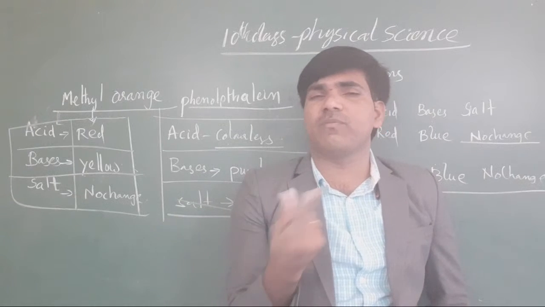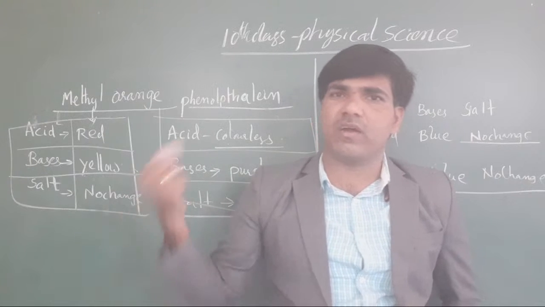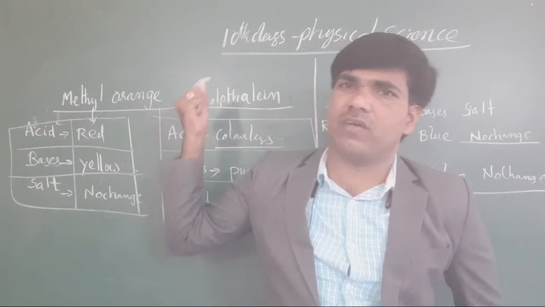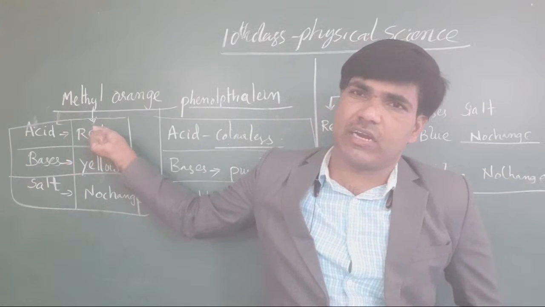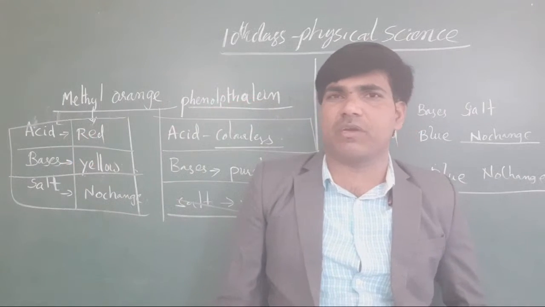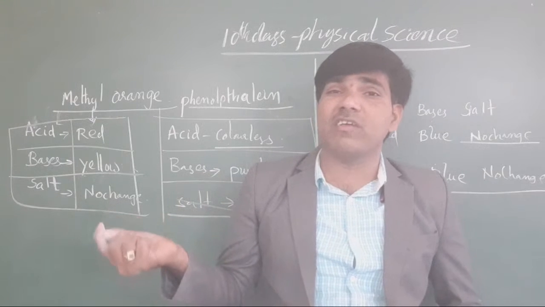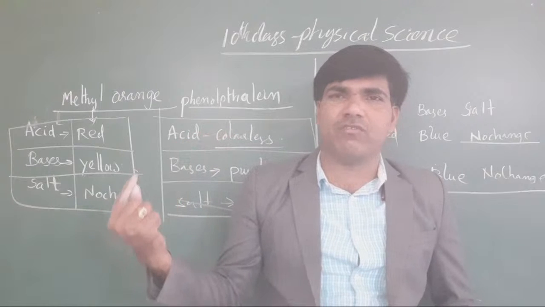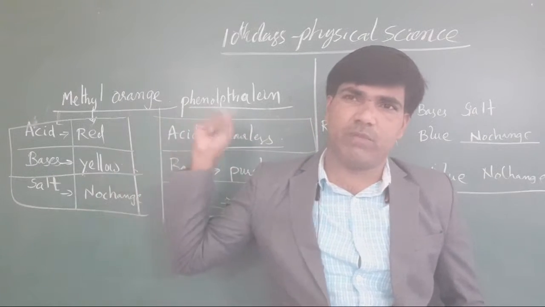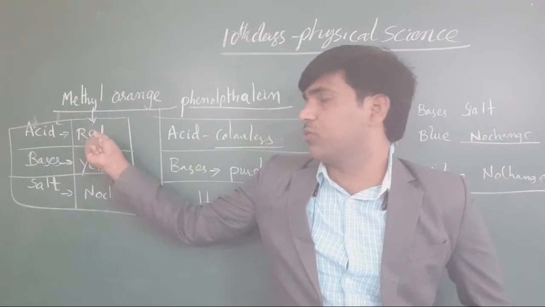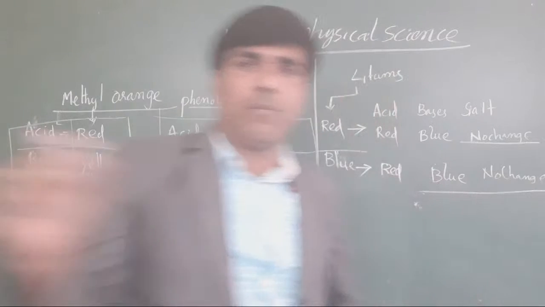Whatever litmus paper it is, it converts into red color. For phenolphthalein, it remains a colorless solution, colorless only. And methyl orange is converted into red color. This is only about acids.